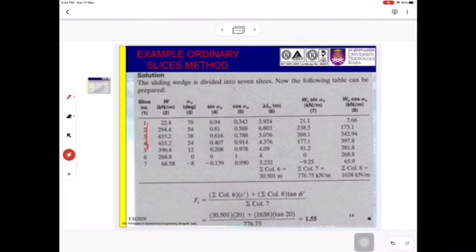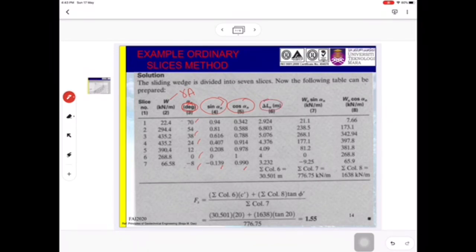We have 7 slices, then we have 7 W. W comes from gamma times A. And then alpha, make sure it is in degrees. Sine of negative 8 degrees is negative 0.139, but it is positive for cos. Cos of negative 8 is 0.99.